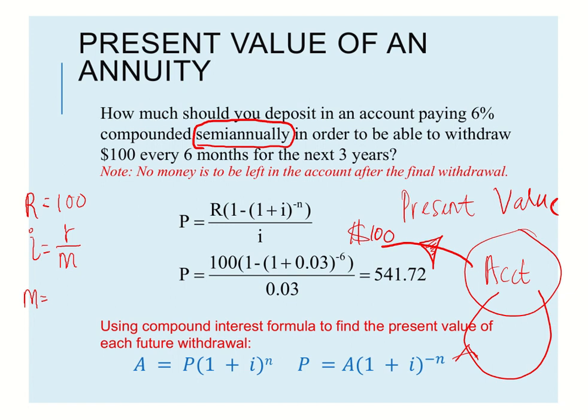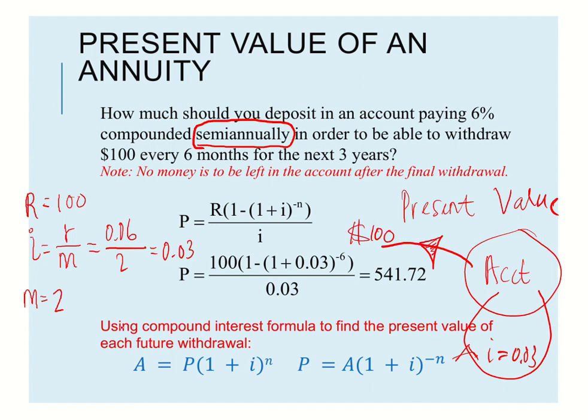So every half a year you take out $100, and in 1 year it will be 2 times. Therefore 6% divided by 2 is 3%. So the bank will pay the interest at a rate of 3% every 6 months.